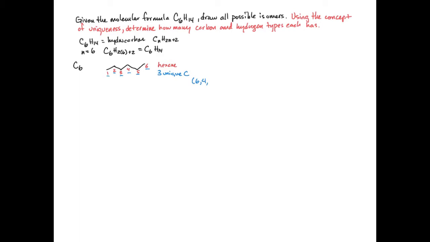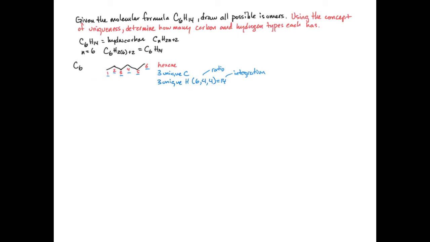And then 3 and 4 are the same, so that's 4 as well. So notice that the sum of those is equal to 14. And so from this ratio, the total we get is called the integration. So this ends up being 3 unique sets of H as well.